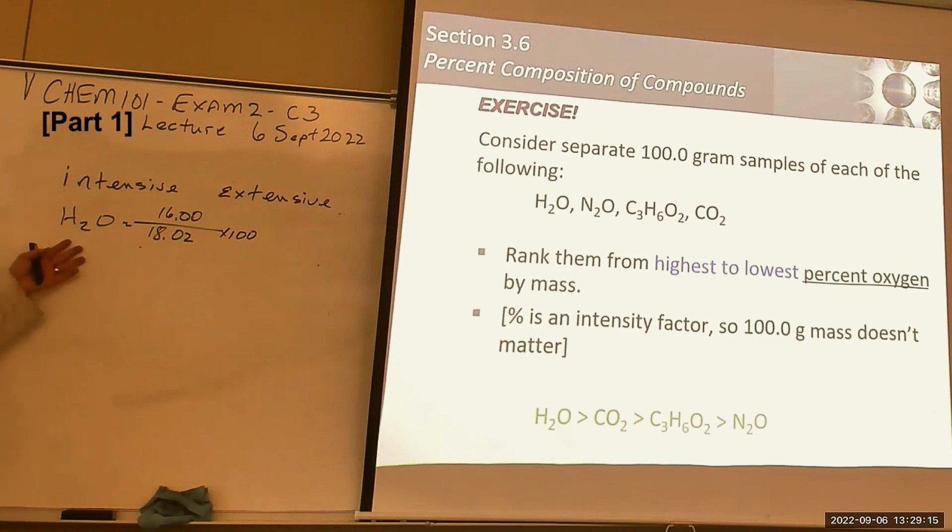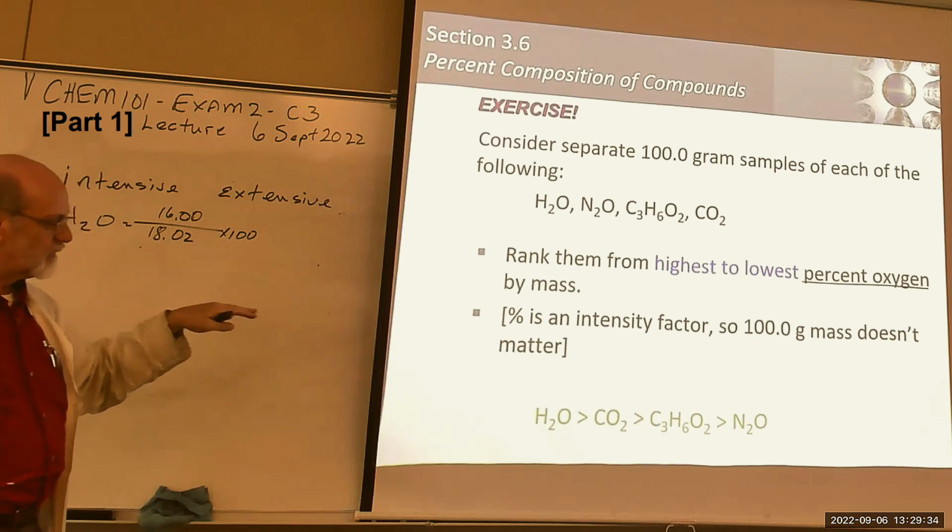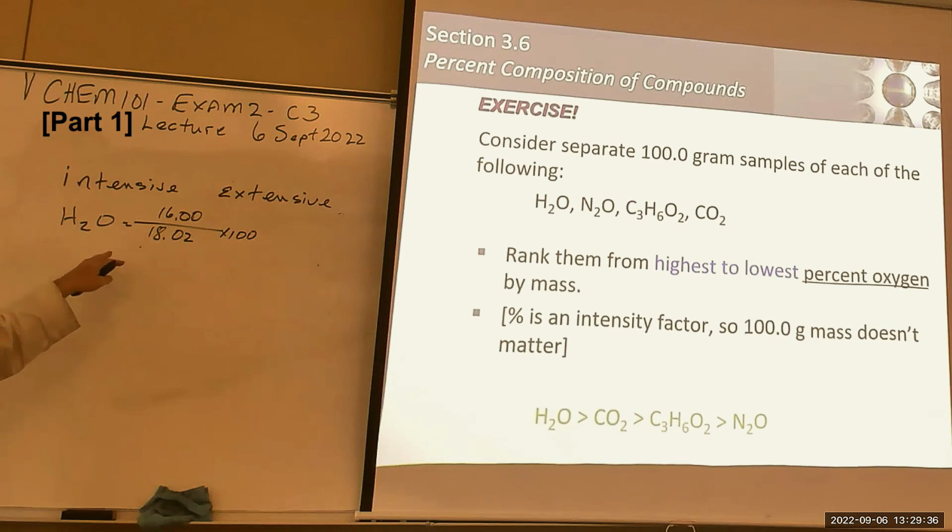That would be percent oxygen. And you would do that for each one. And as it turns out, the highest percent oxygen is in water. The next is carbon dioxide, then propionic acid, and then laughing gas. But you do the exact same calculation for each one and find out how much oxygen is in that compound by percent by mass. And then you rank them.